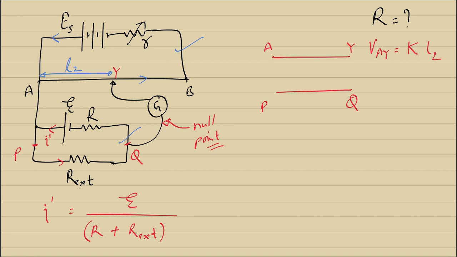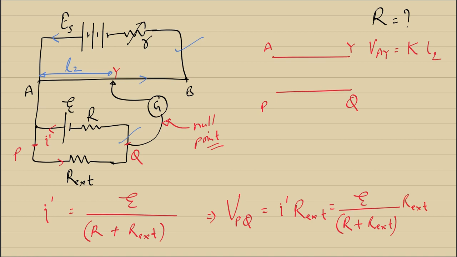So we can directly write E upon R plus R external. This implies the potential across PQ can be written as I dash times R external, directly using Ohm's law. I am just substituting the values: E upon R plus R external into R external. Now this is the potential difference across PQ.